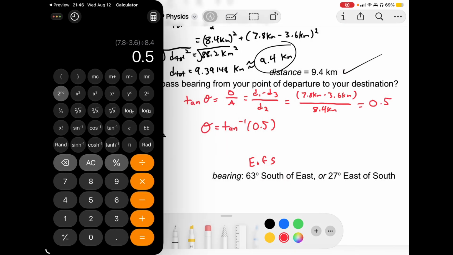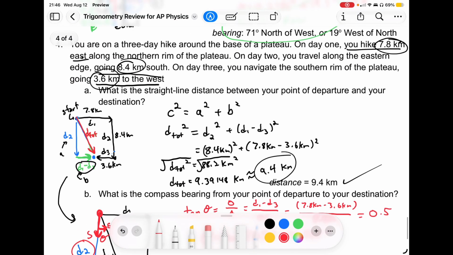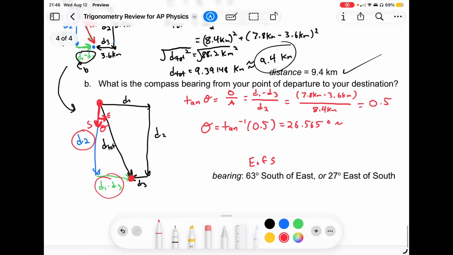Inverse tangent of that gives us 26.565 degrees. And let's round that to the number of sig figs that makes sense for our question, which again, all of our initial measurements were with 2 sig figs. So let's round this to 2 sig figs. So that should be about 27 degrees.